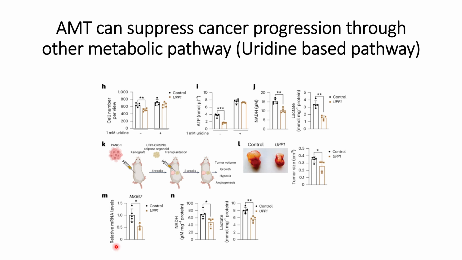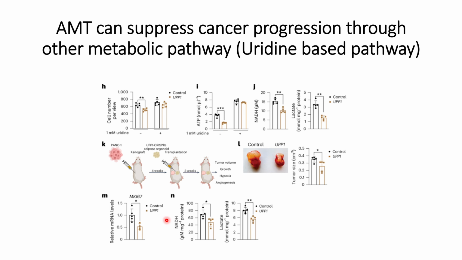Thereafter they check this proliferation marker, that is MKI67, and it also goes down, indicating that the cancer progression goes down when the tumors are co-cultured with adipose in which UPP1 gene is upregulated.